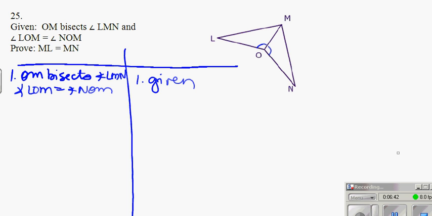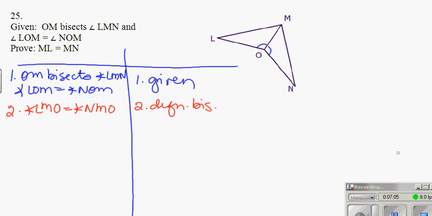This angle and that angle are equal. Now the fact that OM bisects this angle, make sure you read it the correct way. That tells me that angle LMO is equal to angle NMO by definition of bisector.